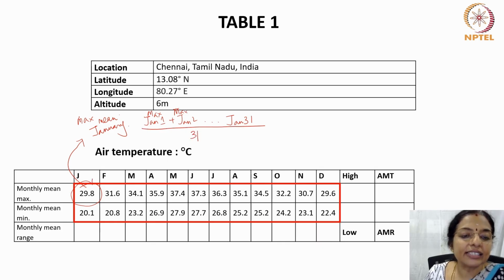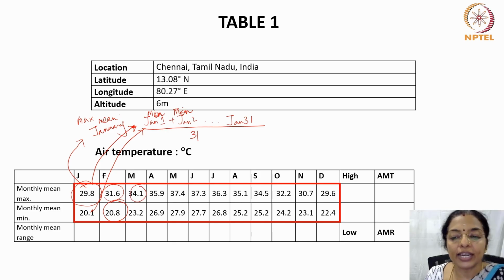That is this data. The same thing, the minimum temperature average. So this will become minimum, and that average is here. Like this, we should fill in the monthly mean maximum and monthly mean minimum for each of the 12 months.